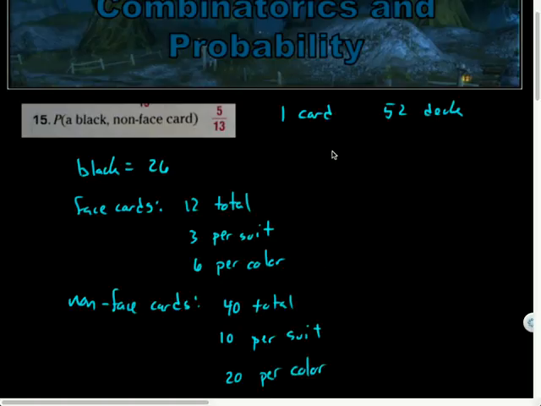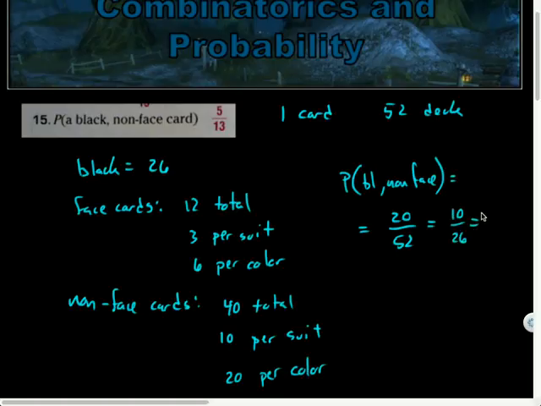So in order to answer this question, the probability of black non-face cards, that's what I'm going to be looking for in my numerator. Non-face would be 20 out of the 52 total, and both of those are divisible by 2. 10 over 26.